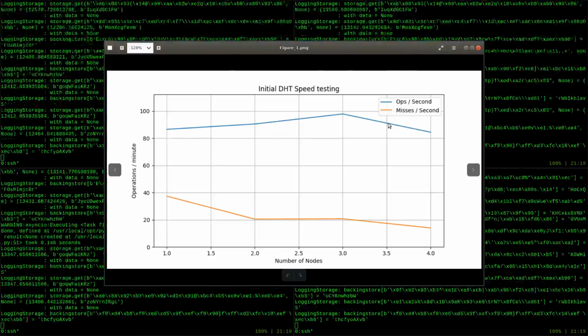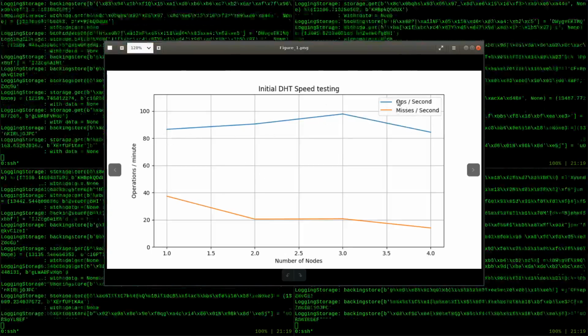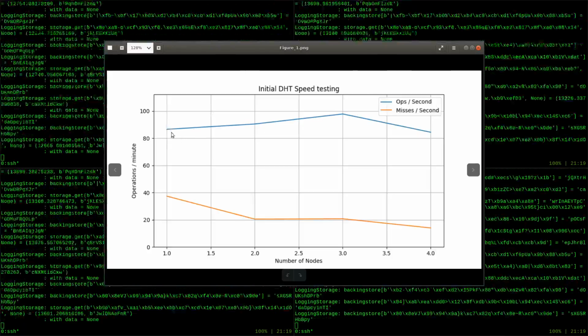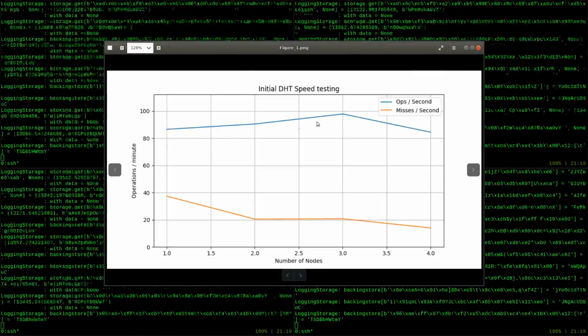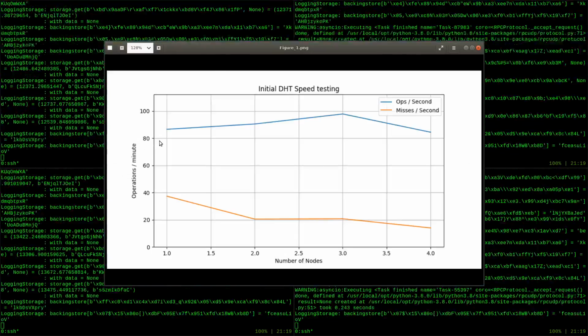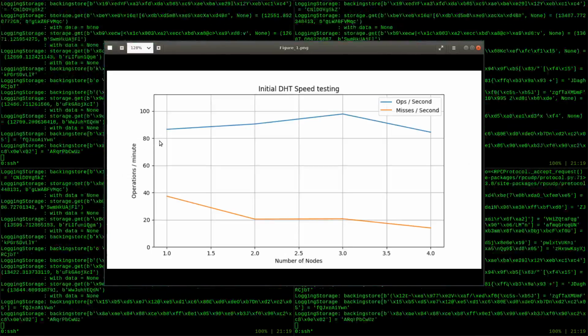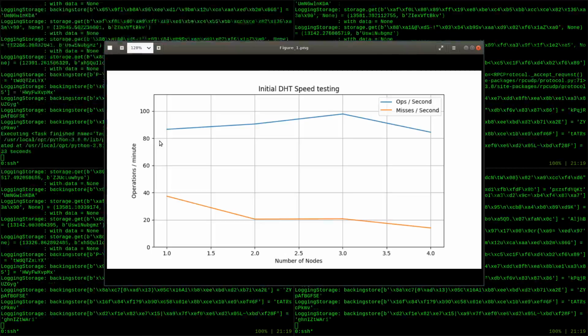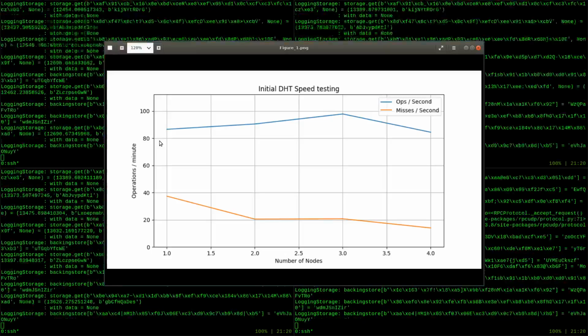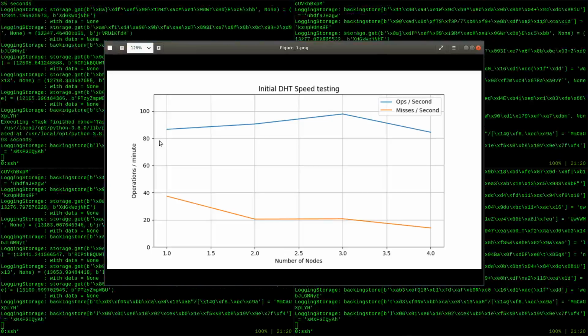This top line is the number of operations per second on the cluster. It's sitting between 80 and 100 per second. I was expecting this to be a little higher, but it's one of those numbers in computing that it's hard to exactly quantify if it's good or bad.